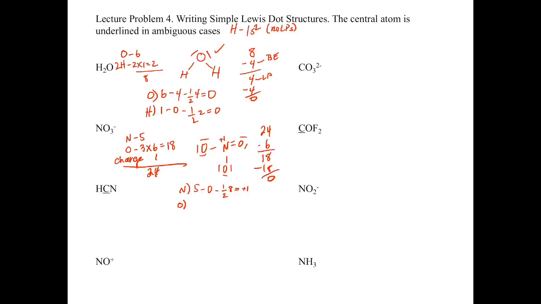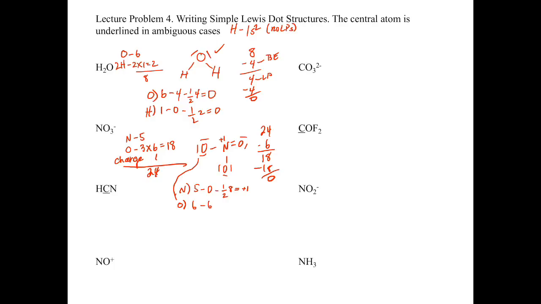Now let's look at the oxygen that's got the 3 lone pairs and the 1 bond. If we look at this type of oxygen, we do our formal charge calculation.